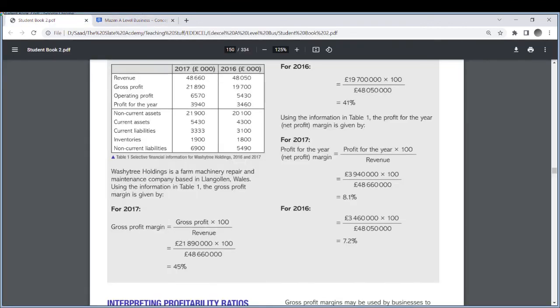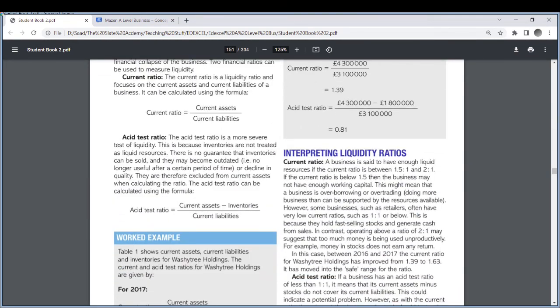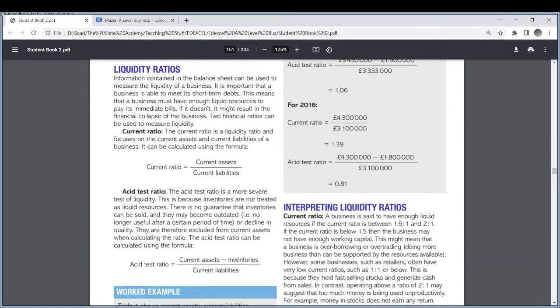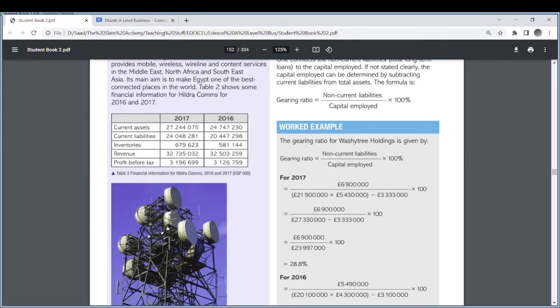Oh yeah, I put 690 instead of 6. Yeah, 28.75. So here 28.8%.